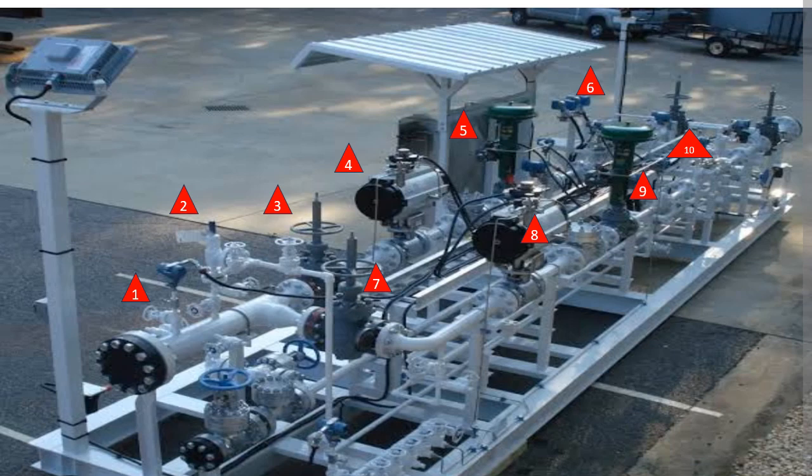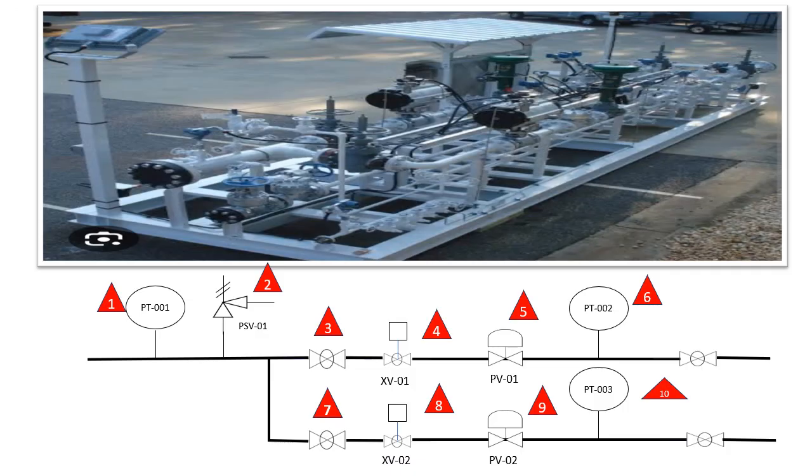You can number them in your mind, or use any tagging principle or marker and mark them 1, 2, 3, 4, 5, right? Then you need to have the P&ID of the system in your hand, and try to correlate the one in the field with the one in the P&ID, right?